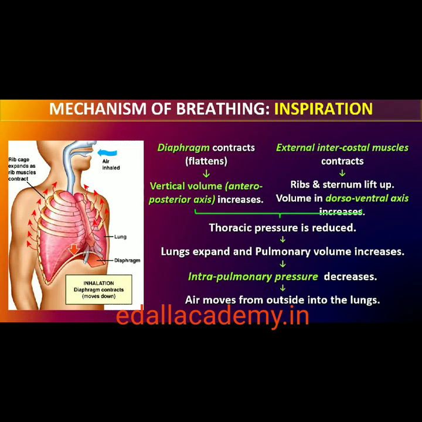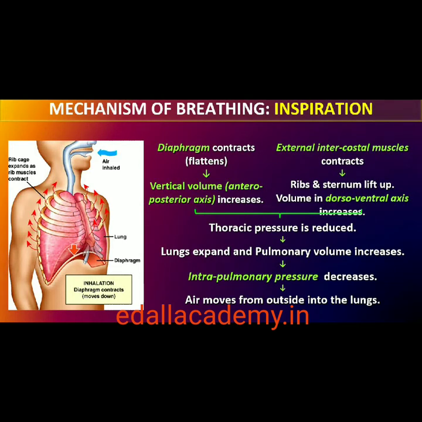The diaphragm and a specialized set of muscles, external and internal intercostals between the ribs, help in generation of such gradients. Inspiration is initiated by the contraction of diaphragm, which increases the volume of thoracic chamber in the anteroposterior axis.